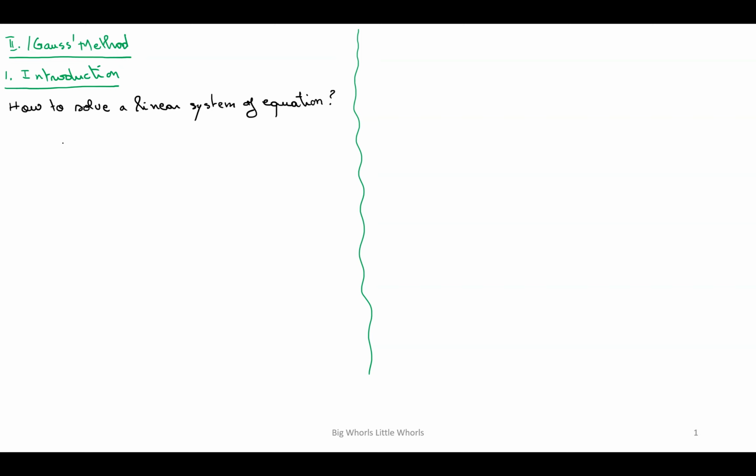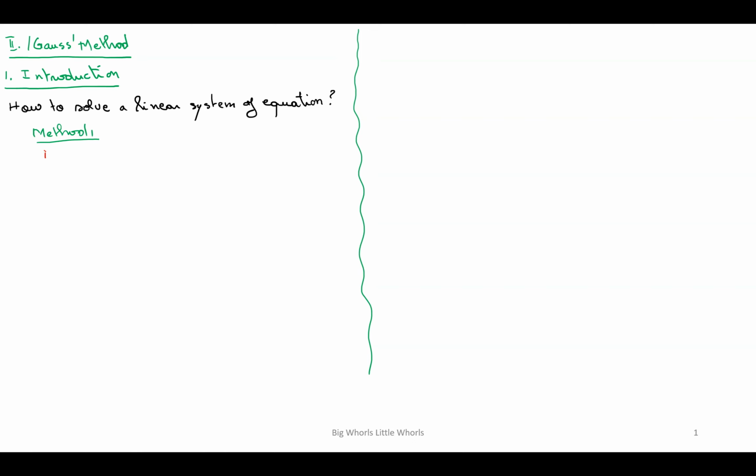And the answer is we have two methods. Method one is Gauss's method. So now you see why we are doing Gauss's method.